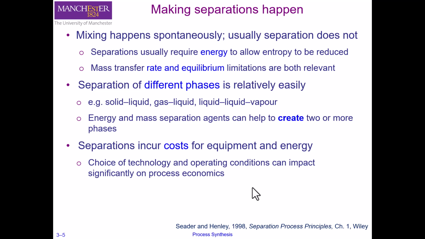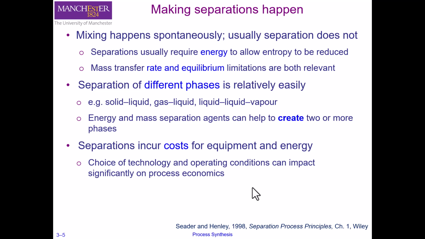In terms of mass separating agent, you might think about liquid extraction or solvent extraction, where a third phase selectively takes one of the original two phases, and then you can separate between the two original phases. So for separation, not only do we need energy, we also need equipment.